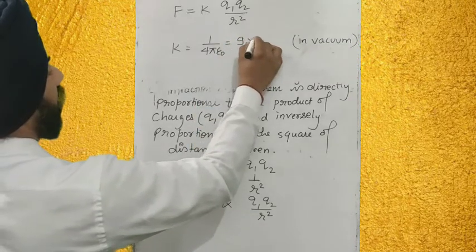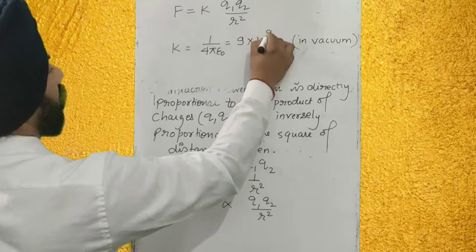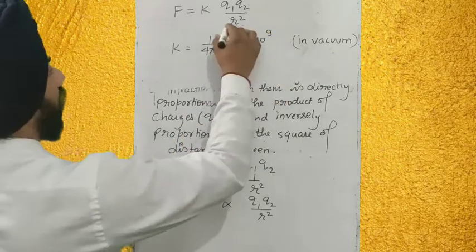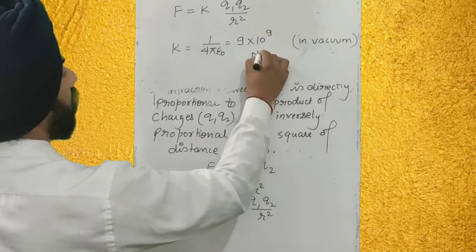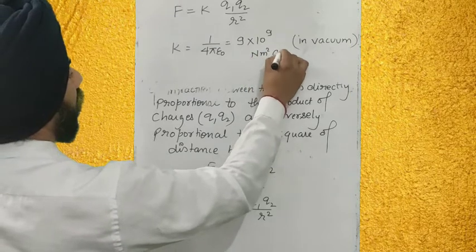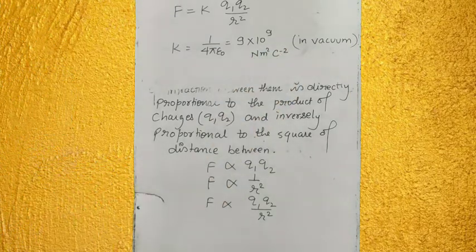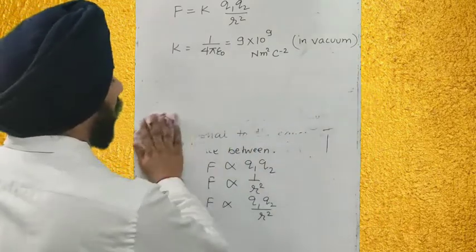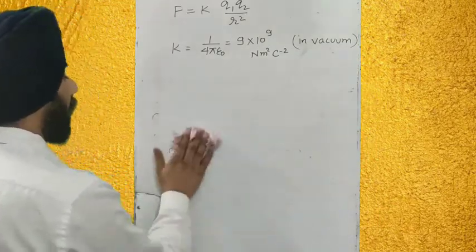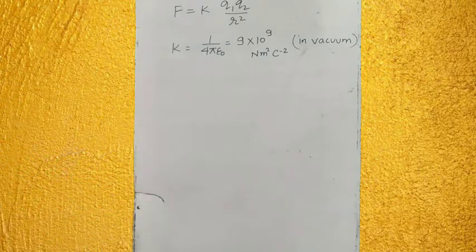Its numerical value is 9 into 10 to the power 9 and its unit is Newton meter square Coulomb inverse 2. Okay, what is epsilon naught here? Epsilon naught is called the permittivity of free space.